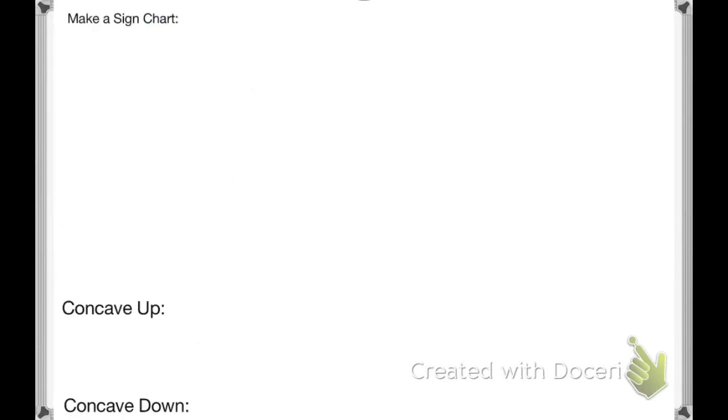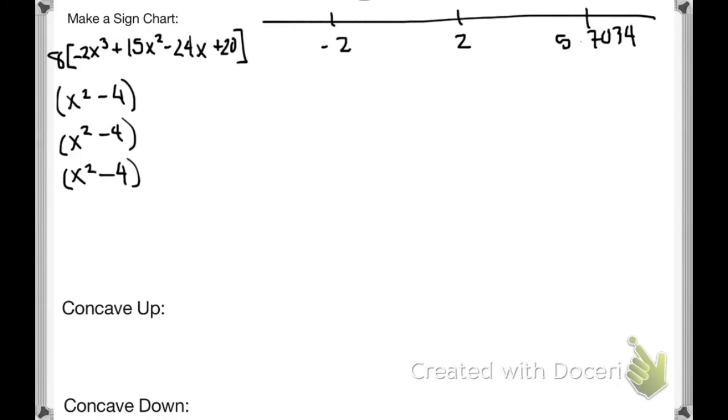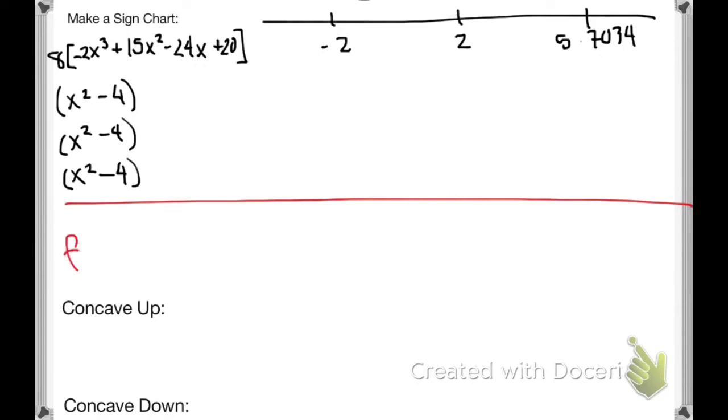Now what I'm going to do next is make a sign chart for this derivative. And I'm going to set it up in much the same way as I did before, with the parts of our function on one side, and our critical numbers on the sign chart, and our second derivative on the bottom. And I'm going to mark zeros where the critical numbers correspond to zeros in the function, and I'm going to make lines in the chart to separate it out.